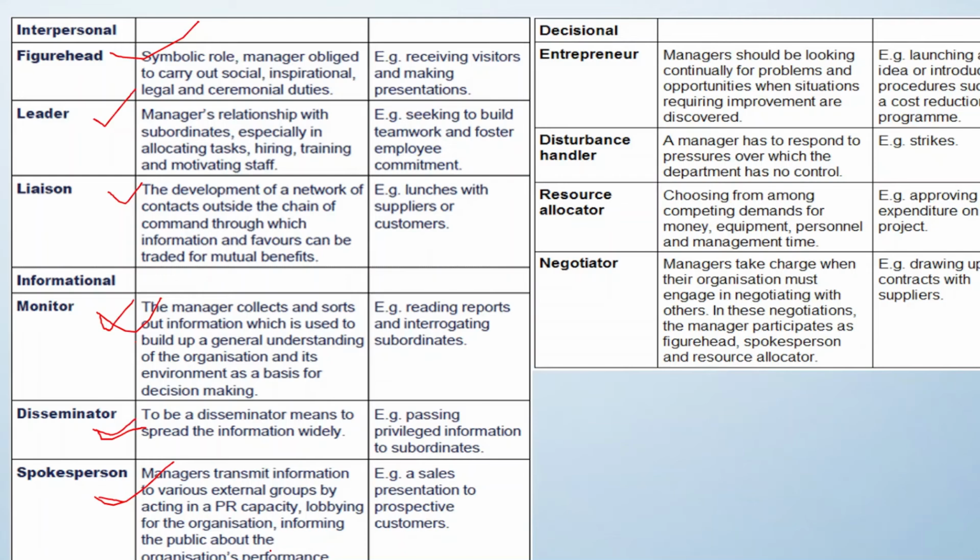They are always ready to face any kind of situation and improve it. So launching a new idea, introducing procedures such as cost reduction program. So those kind of new things are also depending on the roles of the manager.